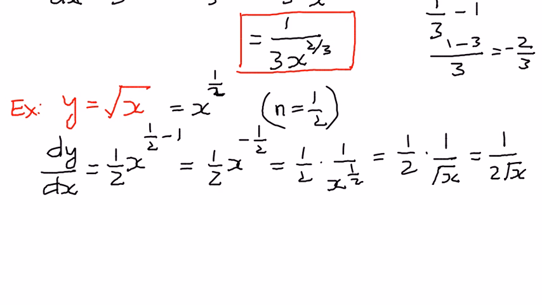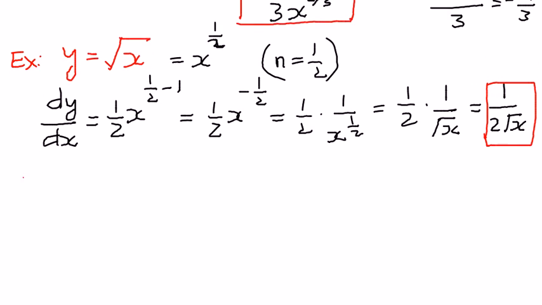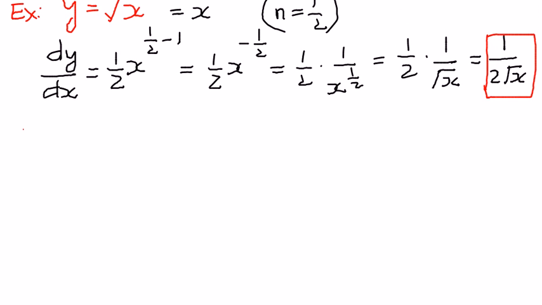This is how we want to use the power rule to be able to differentiate these types of example problems. Let's take another example. In this case, y is equal to 1 over x to the power of 5.